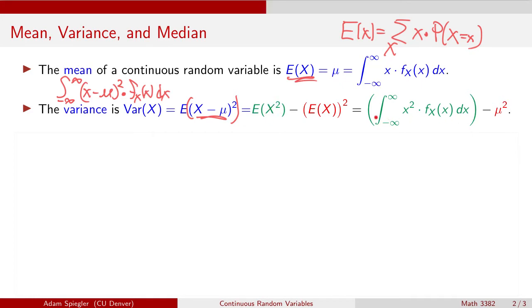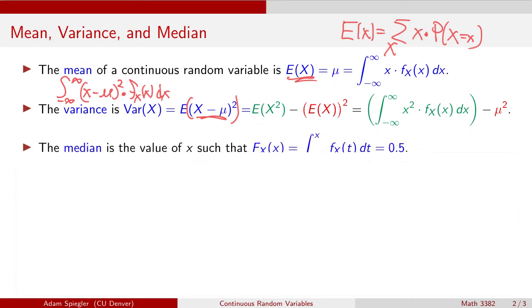So that would look like this. And over here, we're taking the previous expected value that we found and squaring it. So that would look like mu squared. So typically, after you find the mean value up here, then what you would do is calculate the expected value of x squared and then take the difference of these two values.